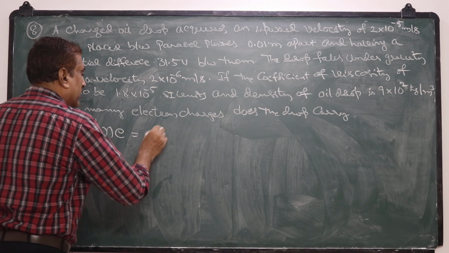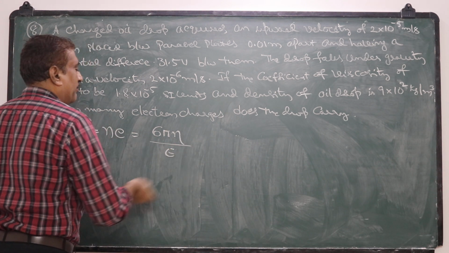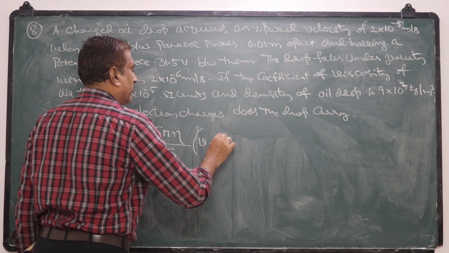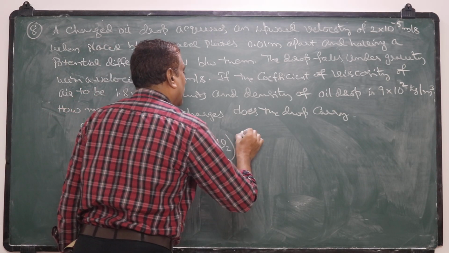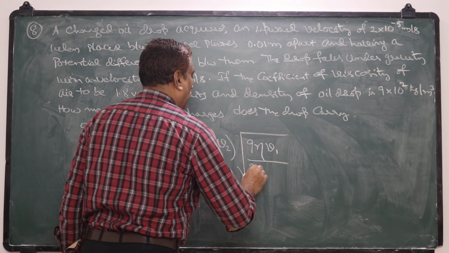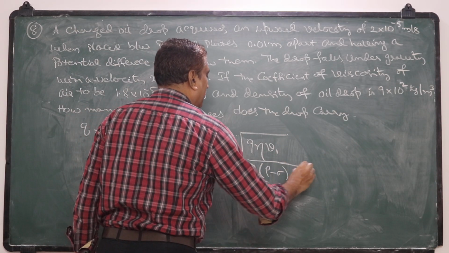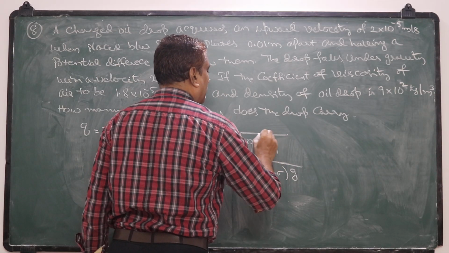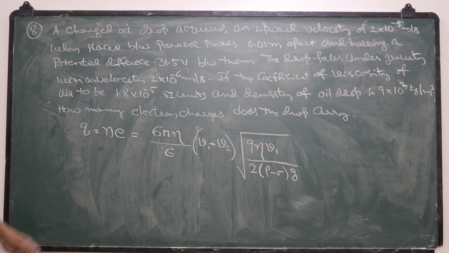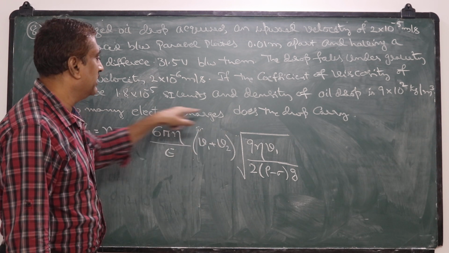actually the equation is 6 pi eta by E into (V1 plus V2) into the square root of 9 eta V1 by 2 (rho minus sigma) G. This is the expression to calculate the charge of the oil drop.